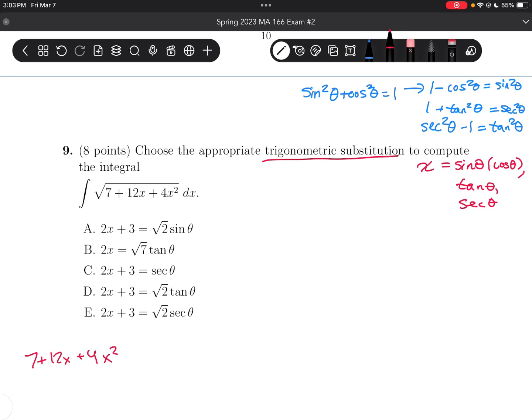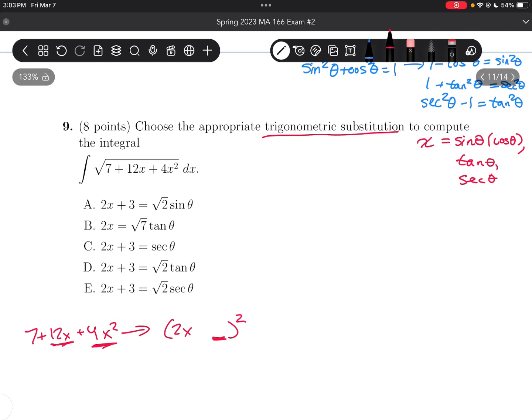I'm going to complete the square for this. The way I complete the square is by doing 2x. The first term is 4x squared, right? So the square root of 4x squared is 2x. That's why we have 2x. The way we calculate the constant term that goes here is we find the coefficient in front of the x term, 12, and divide it by 2 to get 6.